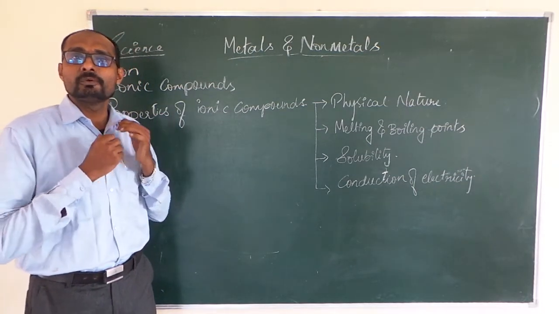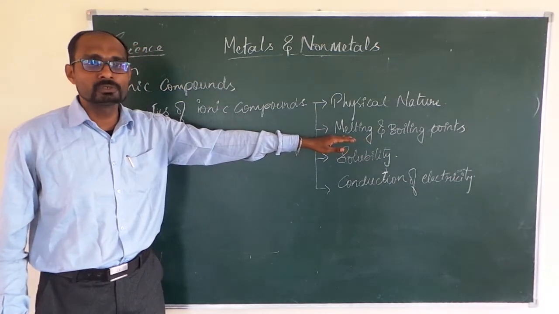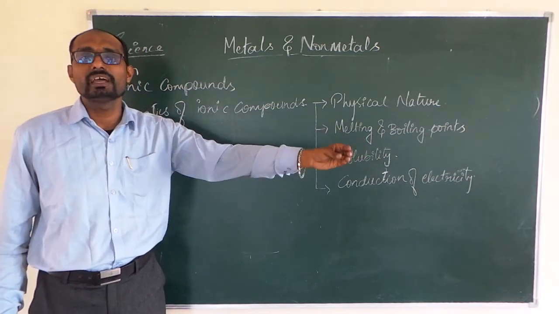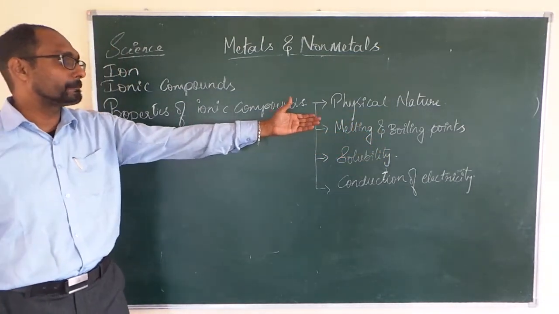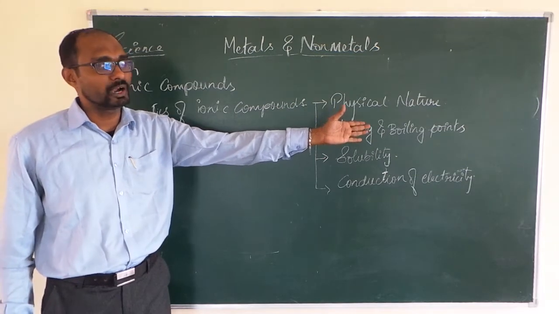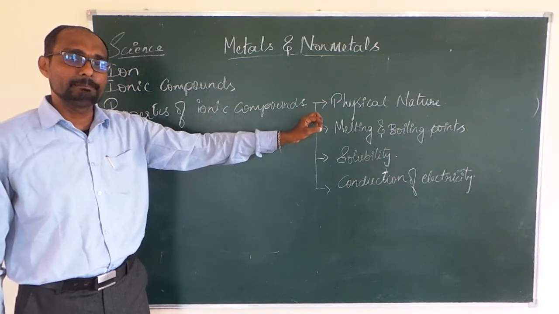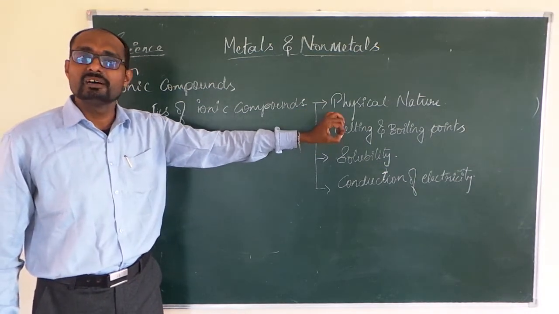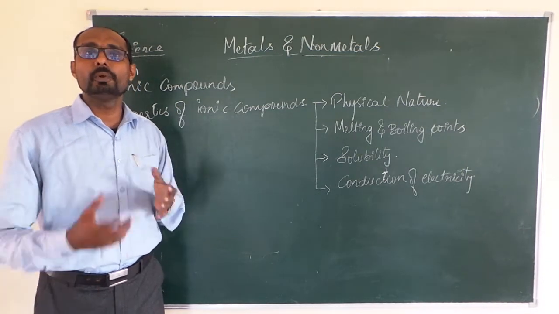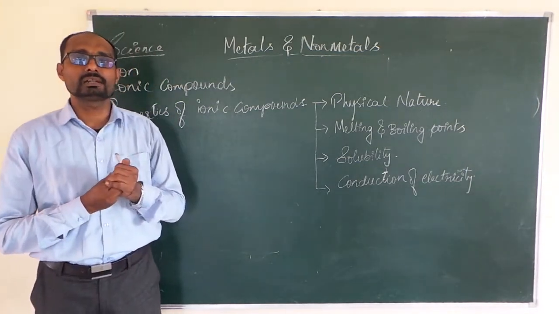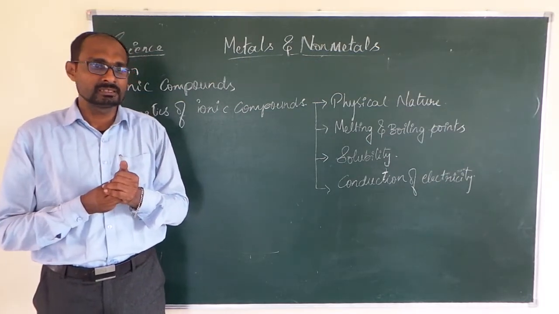So we have to give a large amount of heat energy to any ionic compound so that it becomes soft, melts and starts flowing. Obviously, when the melting point is so high, the boiling point will be much higher. So, for ionic compounds, the melting and boiling points are both very high because they have a very strong interionic force of attraction.